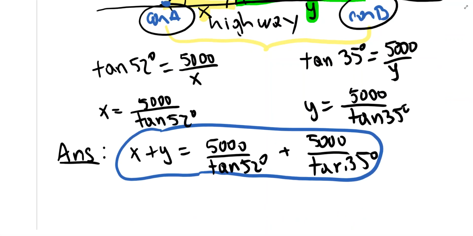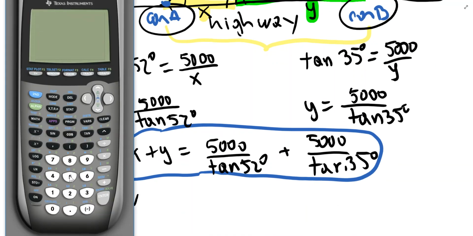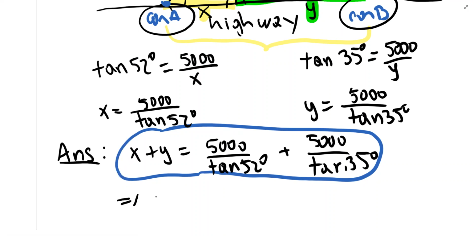If you are at home, you can furthermore calculate that this equals, let's put it in the calculator. So when you put it in the calculator, you hit enter, you get 11,047.